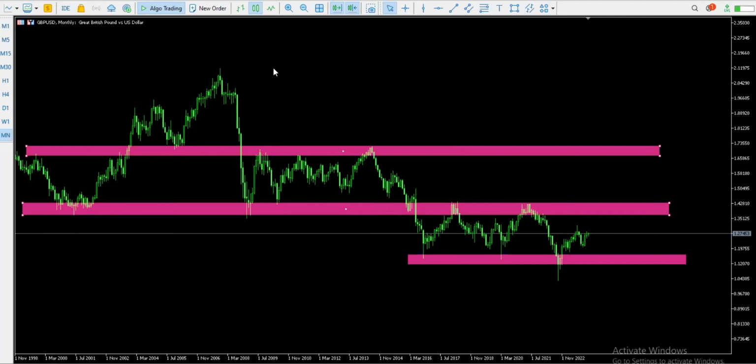Once this moves to this key level and gives a reversal pattern, it can be a head and shoulder, it can be a double top, he looks for a sell down to that key level.